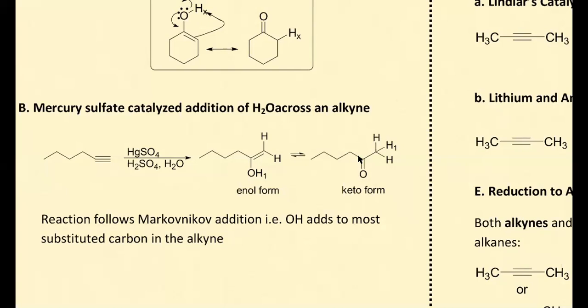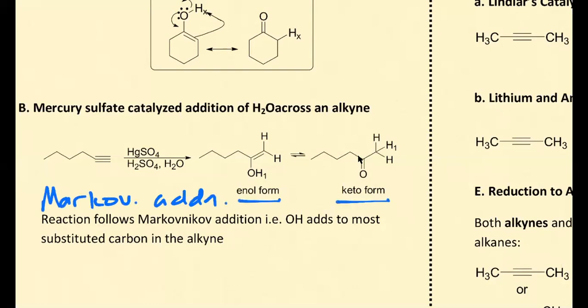And what you'll notice is it follows the same regiochemistry. It's still Markovnikov, but it doesn't stay in the enol form. Again, it's going to rearrange to the keto form.